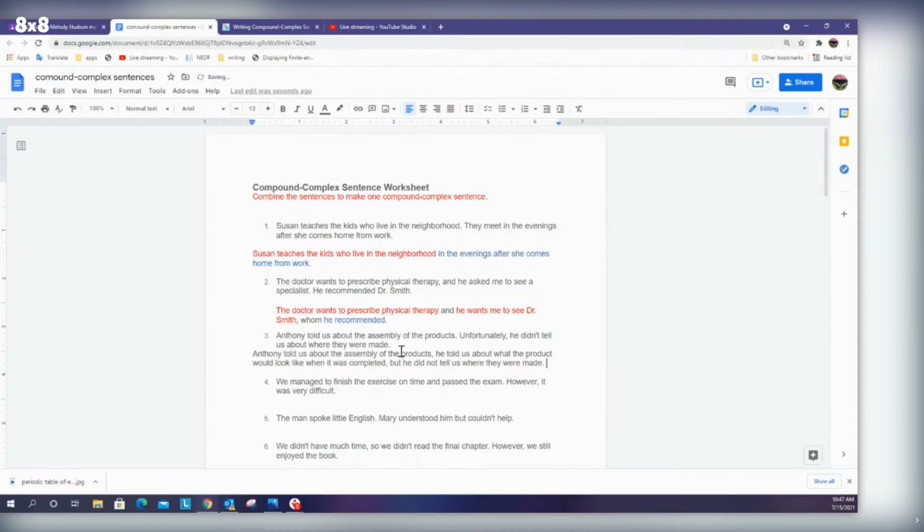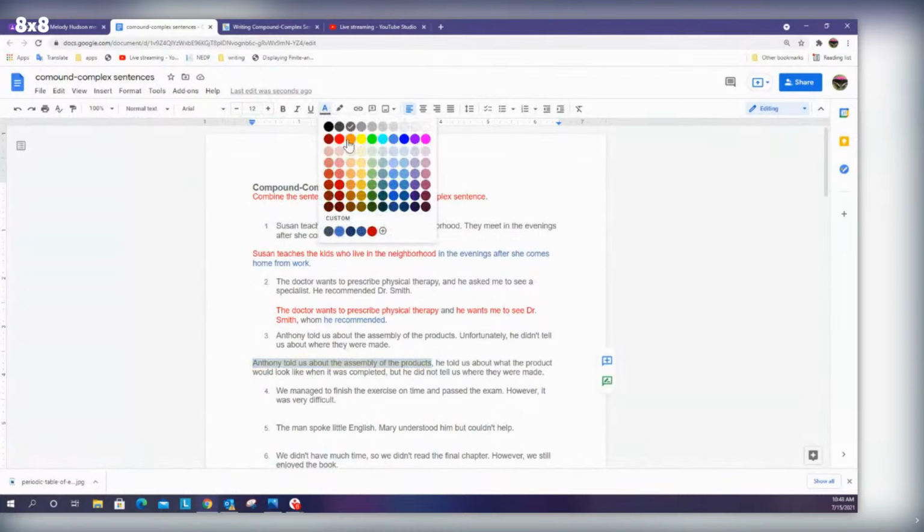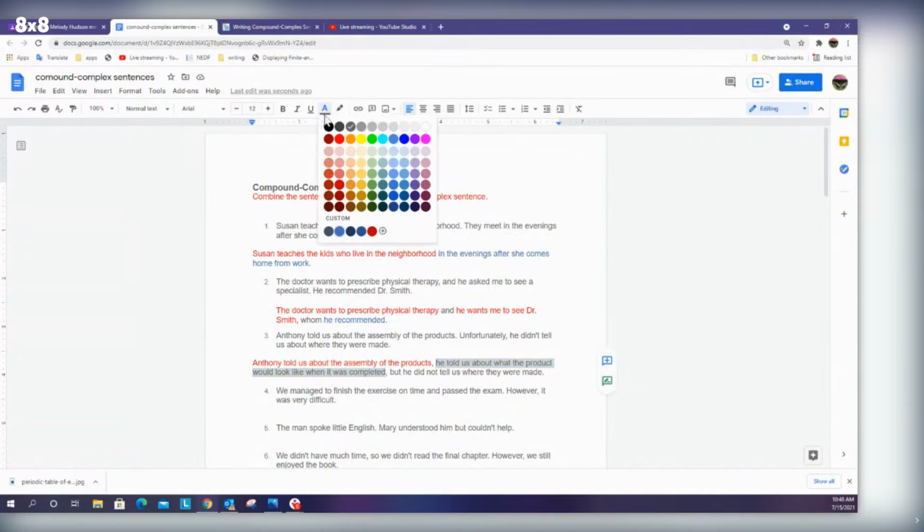Okay, so let's take a look at what we've got here. He told us about the assembly of the products. Anthony told us about the assembly of the products. That can stand alone. That's independent, right? I'm going to make you red. He told us about what the product would look like when it was completed. That's another independent.